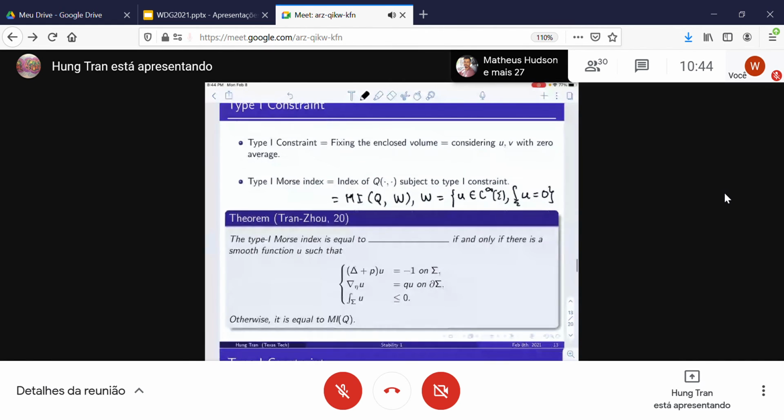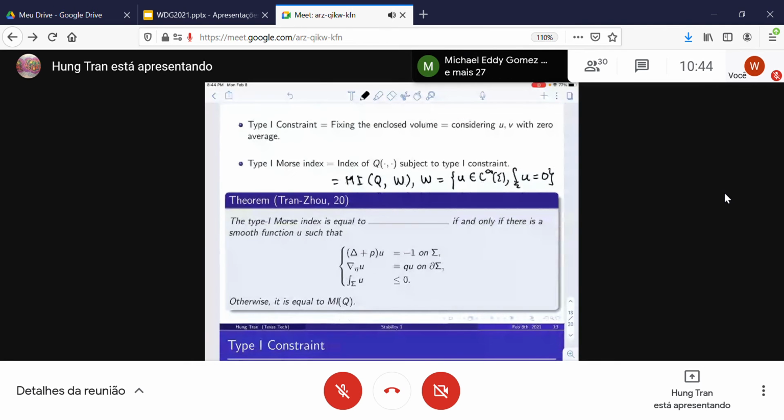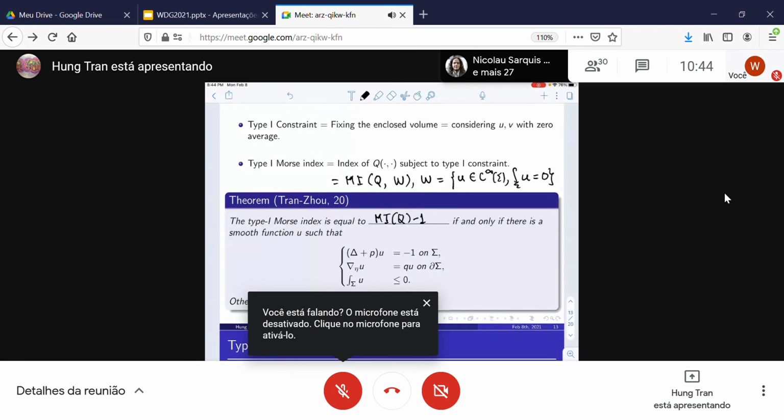And applying our abstract framework, our first theorem says that the type 1 Morse index here is equal to MI(Q) minus 1 if and only if the following condition is satisfied: there is a smooth function u which is a solution of a PDE problem.